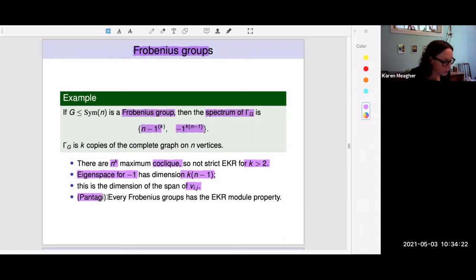And Pentangi, who's going to be speaking on Thursday or Wednesday, I haven't checked the schedule enough, has another proof that every Frobenius group has the EKR module property. Okay, so the ratio bound shows us that the Frobenius groups have the EKR property and the EKR module property, the strict one only when our k is small enough.